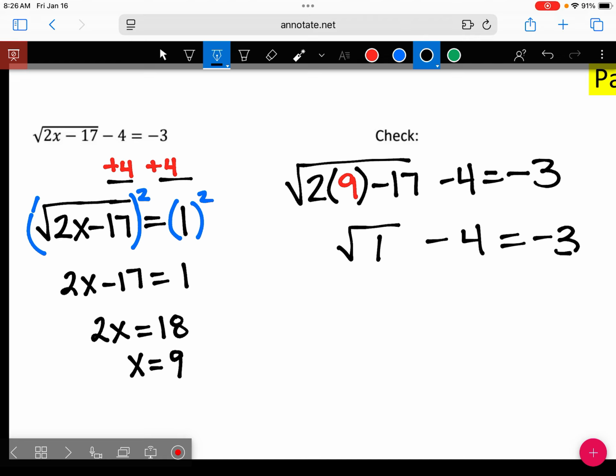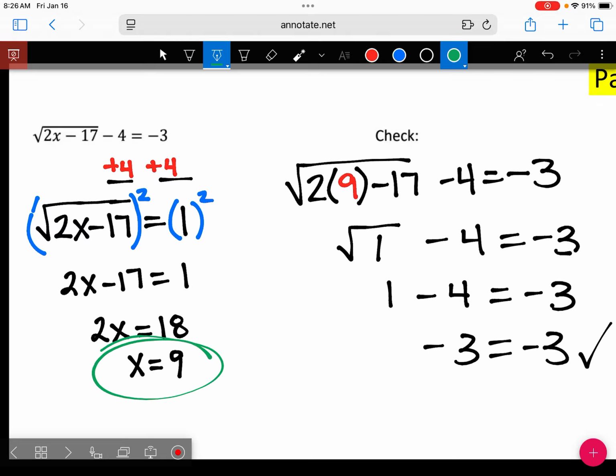The square root of 1 is 1. And what is 1 minus 4? What do you get when we take the 1 minus 4? Do we get negative 3? That's what we're trying to check. We do. So it worked. So this is actually my answer. Go ahead and circle it.